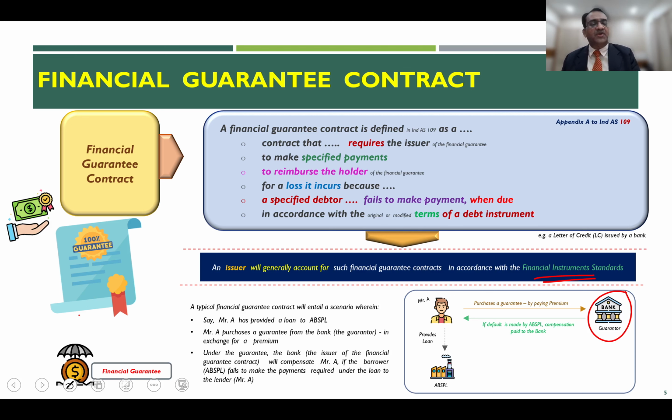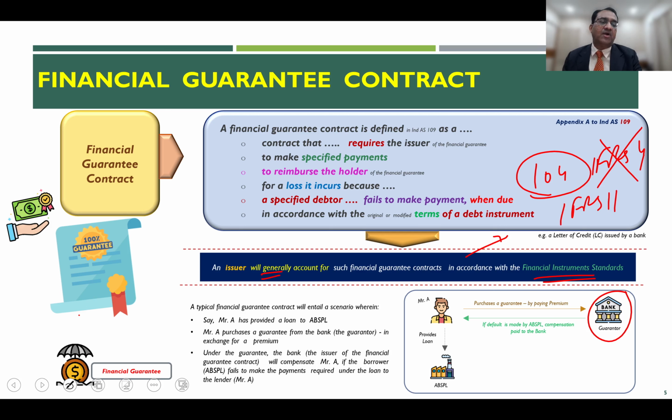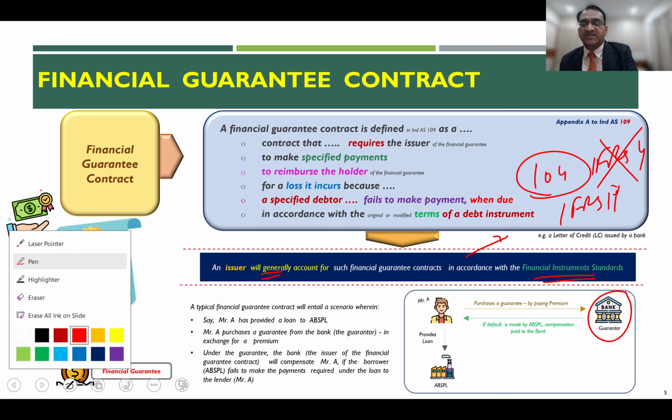Maybe in a subsequent video, I will explain why we are saying generally, because technically speaking, these kinds of contracts, subject to meeting certain conditions, can also be classified as insurance contracts, which currently under the Ind AS framework is accounted for under Ind AS 104, which used to be earlier IFRS 4. From a global perspective, IFRS 4 has been replaced by a new standard called IFRS 17. That is something which we will leave for a subsequent video.